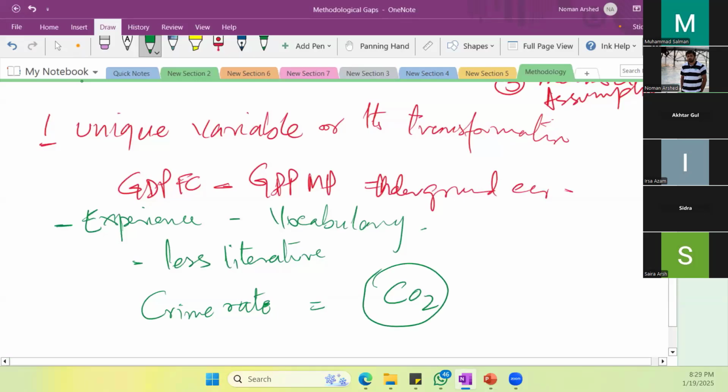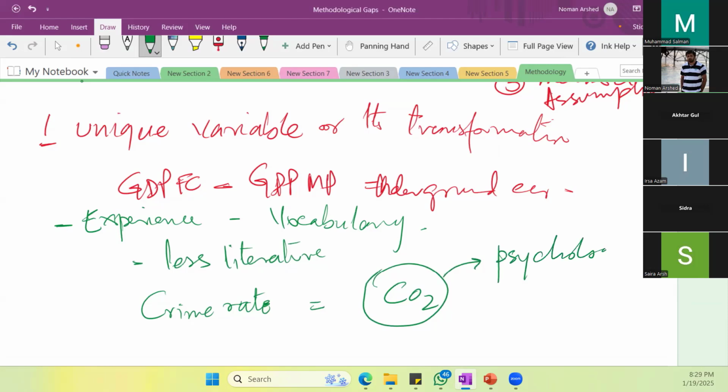Technically, CO2 emission is an old variable, but it was new in this domain because I was not able to find a relation between these two in environmental economics papers. I opened up the psychology papers. In the psychology domain, this variable was old. They said that when there is more greenery, people are more peaceful.